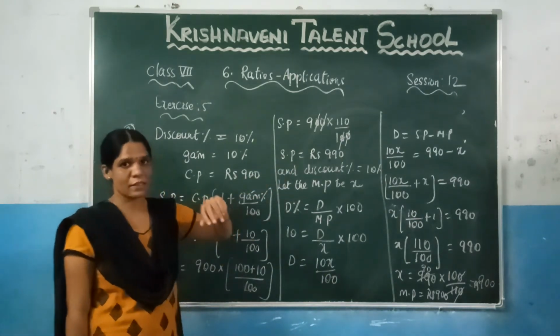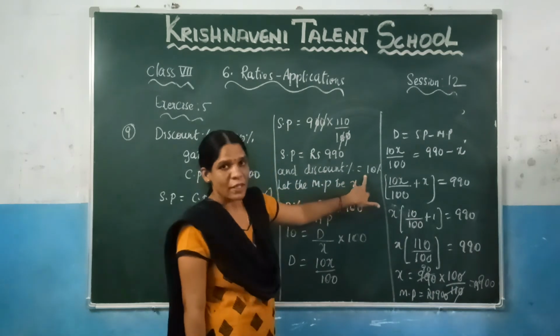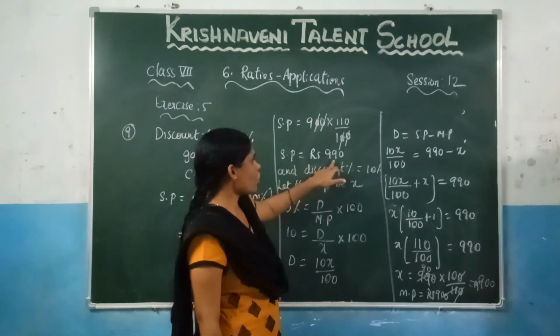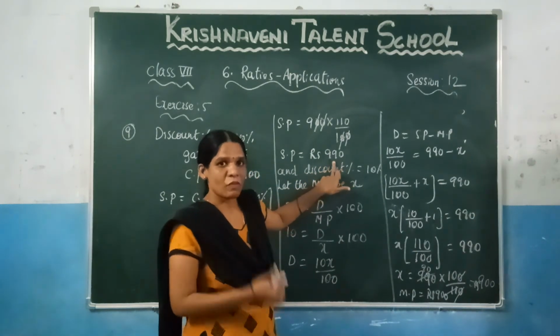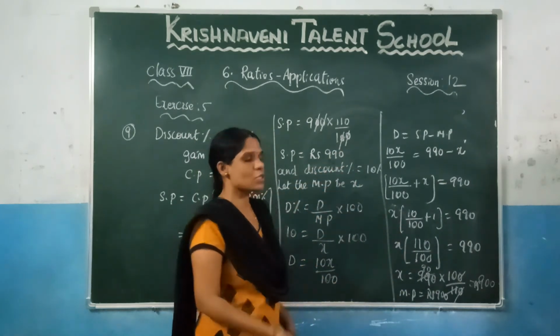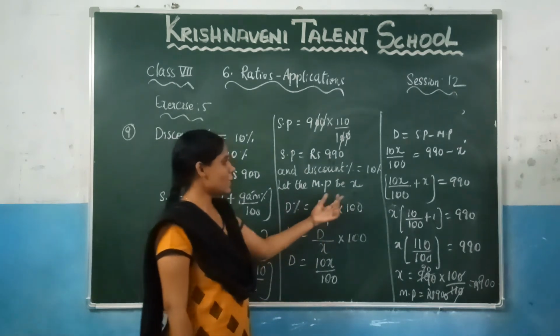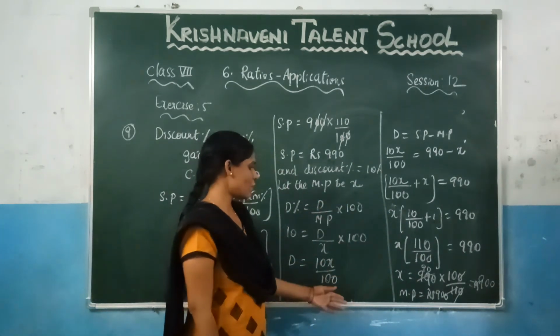It is 990. That means after giving 10% discount, he sold that item at a cost of 990 rupees. So what should be the price before giving the 10% discount? That means you need to find the market price, right? We don't know it, so let us consider it as x, and after that by applying these formulas you can find the market price.